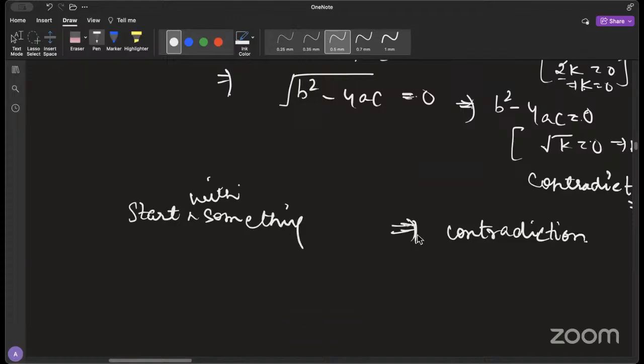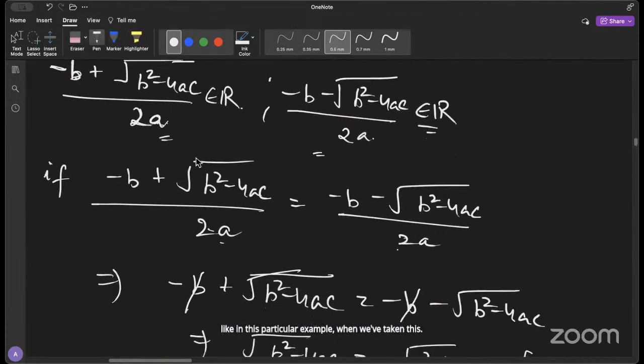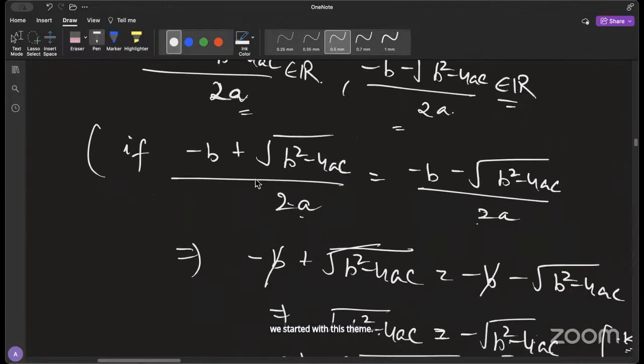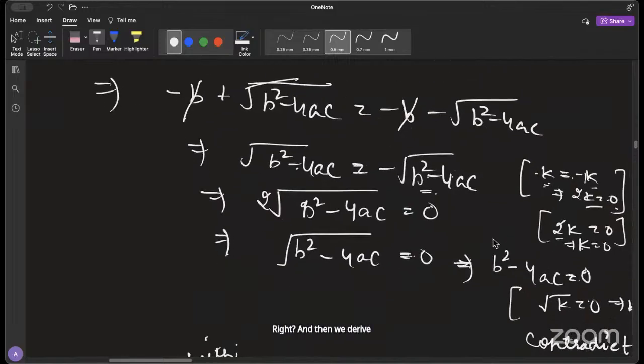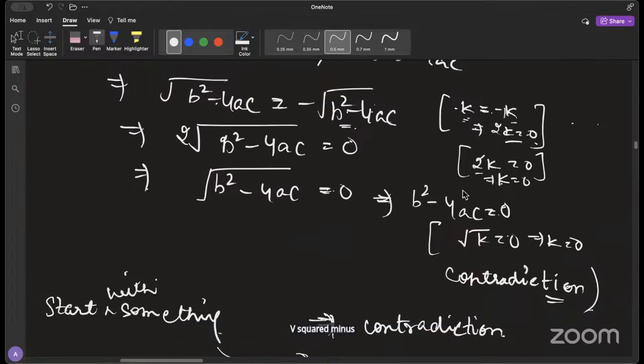Because we've made no assumptions while we were coming from here to here. Like in this particular example, we started with if these two are equal, and then we derived that b square minus 4ac should be 0.